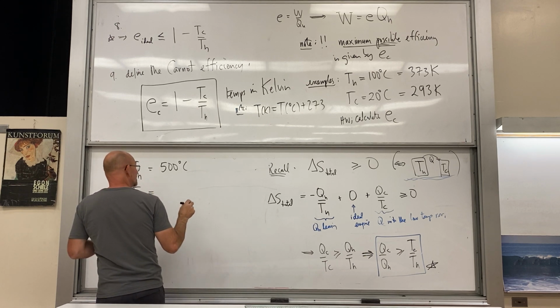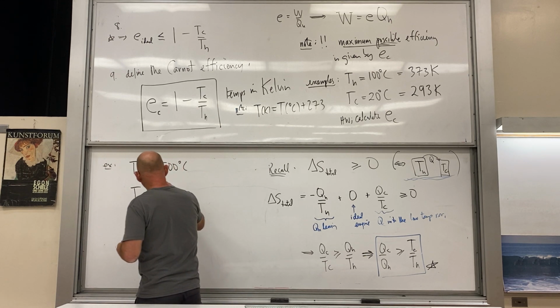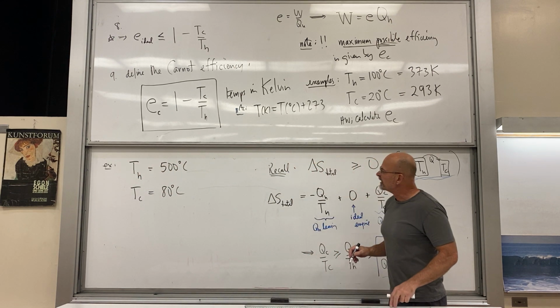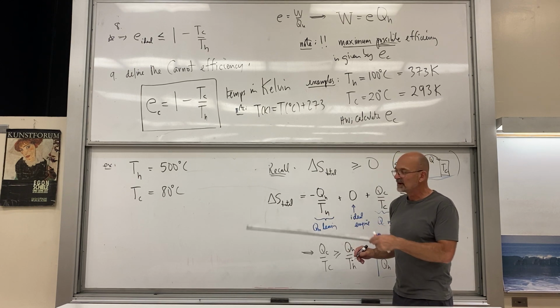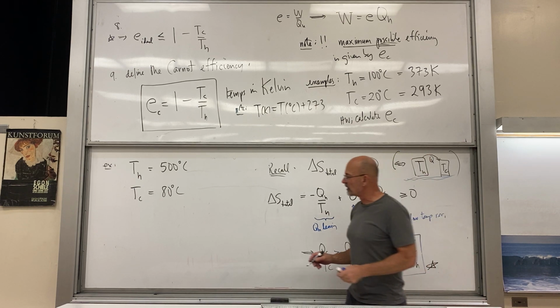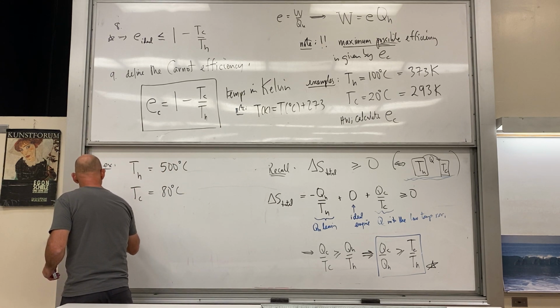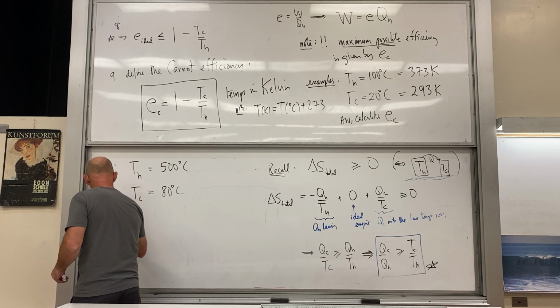TC, it's not going to just be 20, TC is, say, 80 degrees Celsius. So what you want to do is convert these to Kelvin and then calculate Carnot efficiency. And put that in your notes as well.